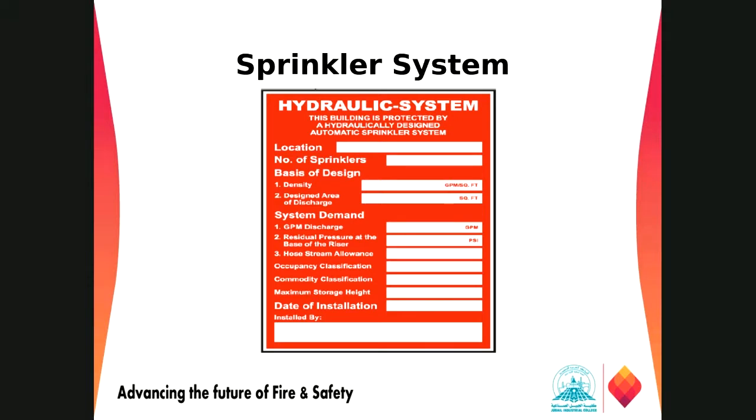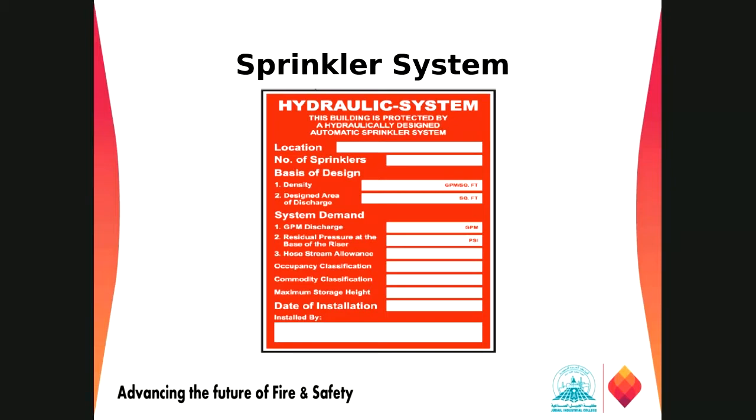This hydraulic summary sheet, right? This information normally should be placed nearby the system risers, right? Which include the locations, number of sprinklers, basis of design, density, area of discharge, and the requirement of the flow and pressure when it was installed.